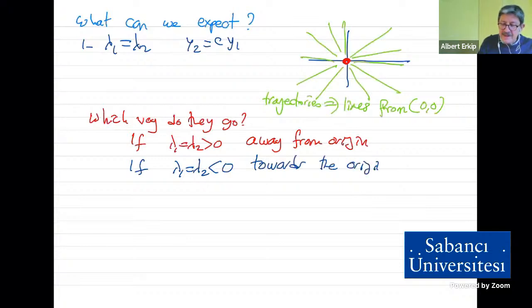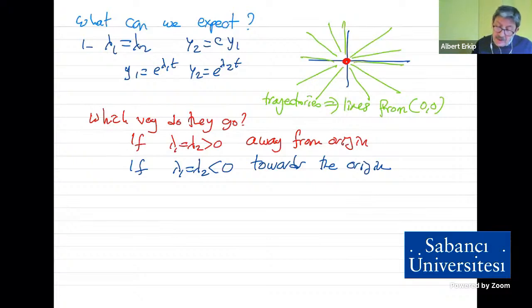Why is that? Because as t gets larger, remember, y1 was e to the lambda 1 t, and y2 was e to the lambda 2 t. And they are the same, so this either goes to the origin or not.